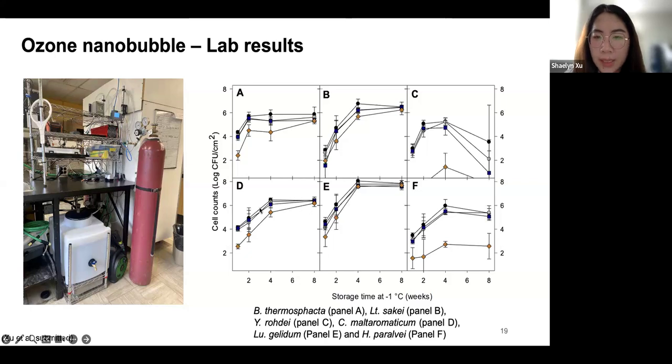The peroxyacetic acid also demonstrates a very minimal bactericidal effect against gram-positive bacteria such as Lactobacillus as well as Leuconostoc. However, it has a relatively moderate bactericidal effect against the gram-negative bacteria such as Hafnia and Yersinia.